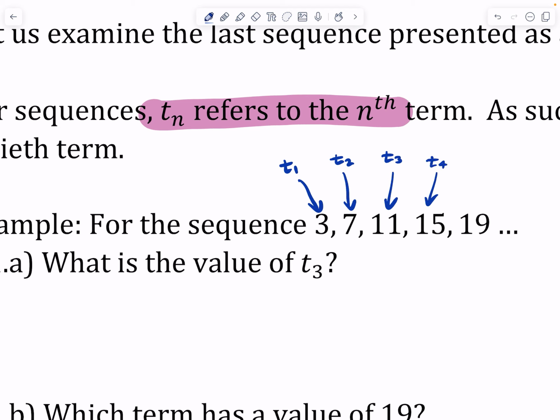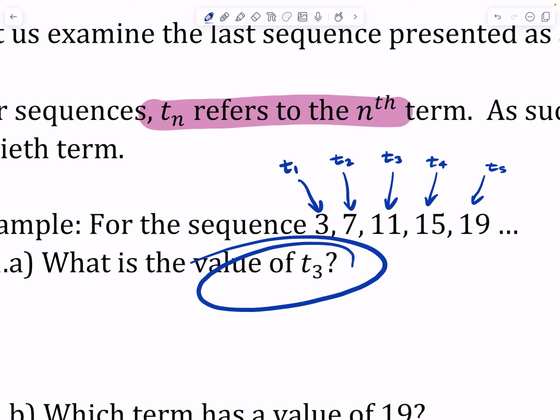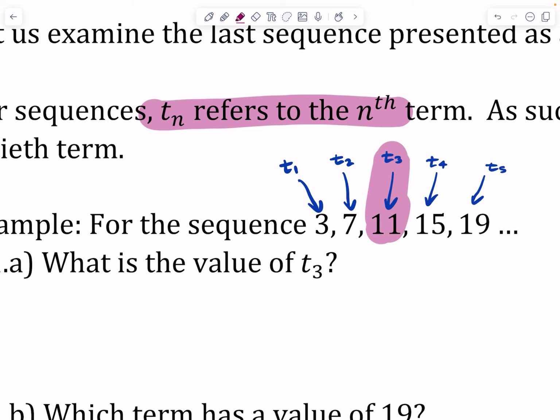That's T4. And this 19 is the fifth term. That's T5. So when we're looking for the value of T3, term 3, this is what we're looking at. Term 3 is the third term. That is 11. We should state that properly. T3 is equal to 11.